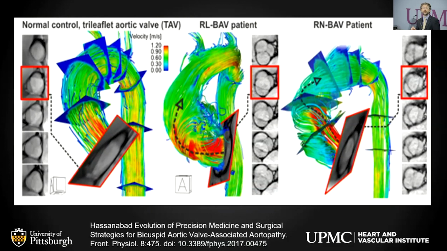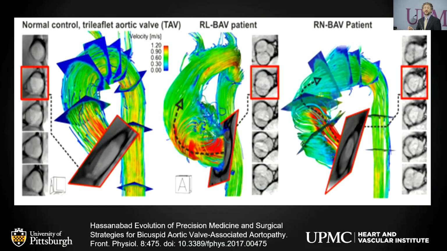Here you can see a normal flow pattern, but in a patient with a not severely stenotic, but just abnormal directional flow of a bicuspid aortic valve, that blood flow is directly hitting the very proximal portion of the aorta, and over time that can really predict major aortopathy.